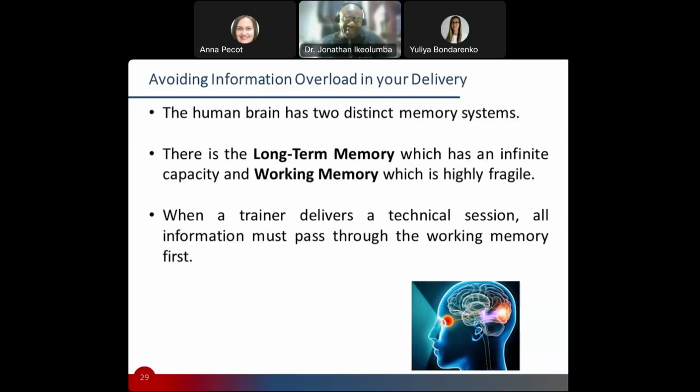I'll tell you a thing about the brain and why this idea of reducing information overload is very important, and you should bear that in mind when you take technical concepts. So our human brain really has two distinct memories, and it's important that trainers and subject matter experts understand this. One part of our brain is called the long-term memory, and this one has an infinite capacity, and that speaks to why there are many things you can always recall that happened to you.